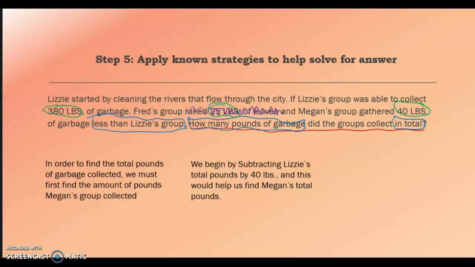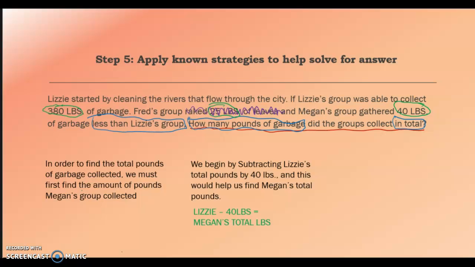We begin by subtracting 40 pounds from Lizzie's total pounds, and this would help us find Megan's total pounds. We have Lizzie minus 40 pounds would equal Megan's total pounds.